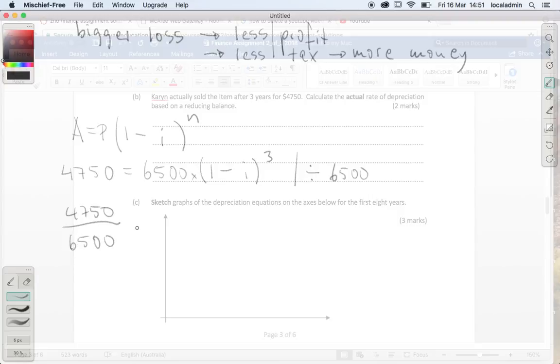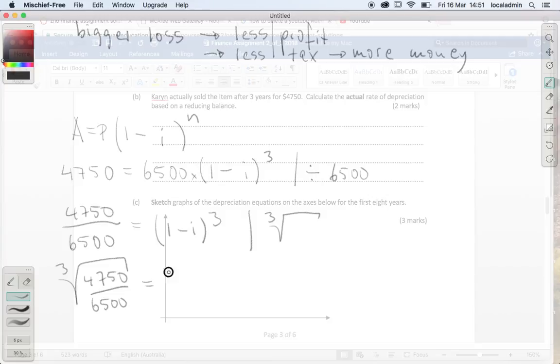We don't take it away, sorry, I didn't mean to say that. And then we are left with brackets 1 minus I to the power of 3. Now we need to get rid of that 3, so we just take the third root off. And look, there are easier ways than doing this, but let's just bear with me because some of you are really fond of algebra.